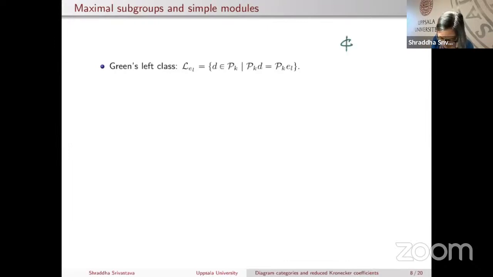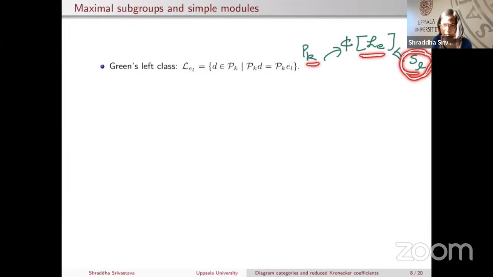If you look at the linearization of this set, then the symmetric group SL acts on the right, and the partition monoid or even the partition algebra acts on the left. So we can take any module here and tensor it with this to get a left module here, and that is what Paul Martin did.